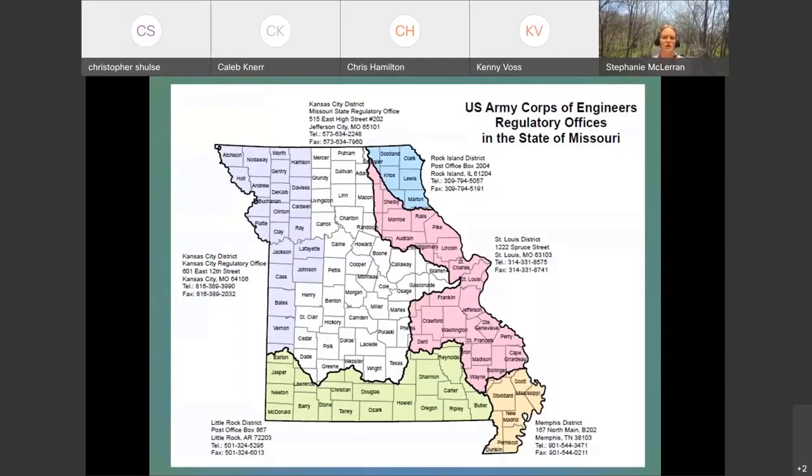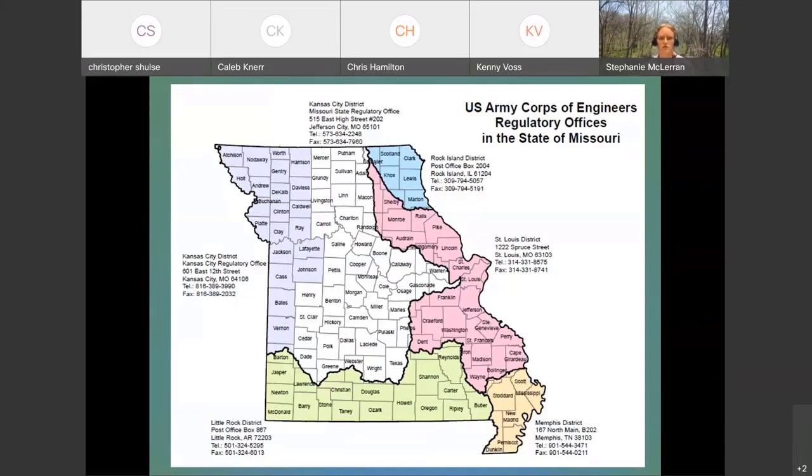Earlier we mentioned that we have multiple Corps offices in Missouri that we work with, and this map shows the division of those offices. So Kansas City district makes up a good majority of the state. But there's actually a couple of different offices with Kansas City. There's one in Jeff City and one that's actually in Kansas City.